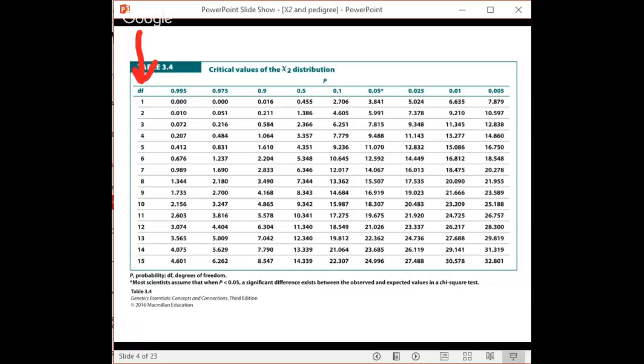So you look down your degrees of freedom column, and let's just say we had the 6. So here's our 6 here. After we calculate our chi-square values, which we'll do in an example here in a minute, we go across this column and find one that's close to ours. So you go across the column left to right, or the row left to right.